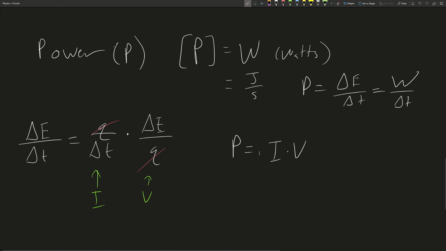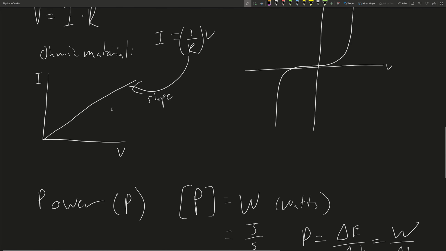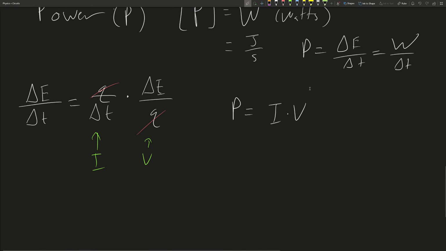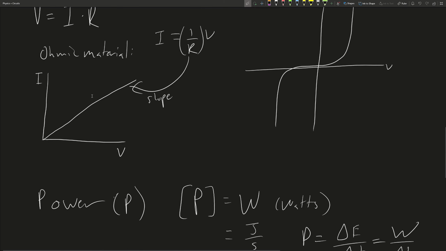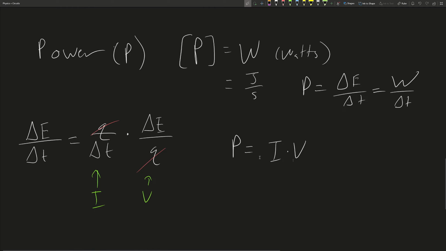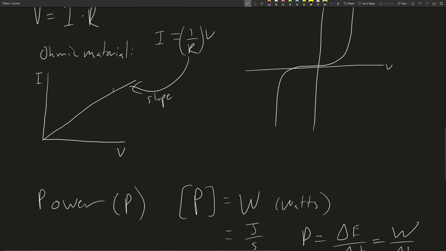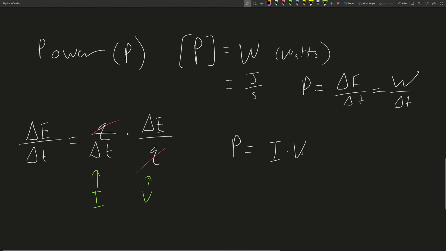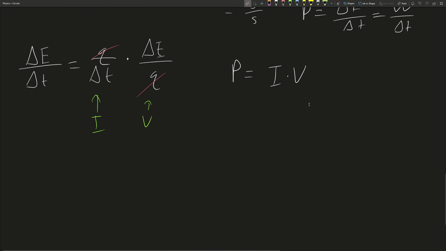It has a coefficient of 1/2 in front of it, so you would have to multiply the area by 2 to get power in this case. It's related to power, but you can't calculate power just by the area of the graph. You would have to multiply it by a coefficient, so that's something to be careful of.